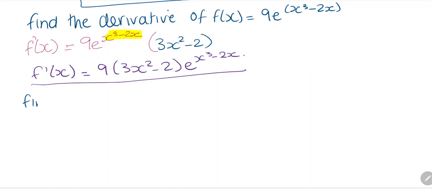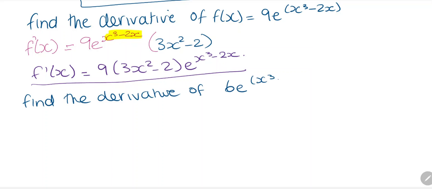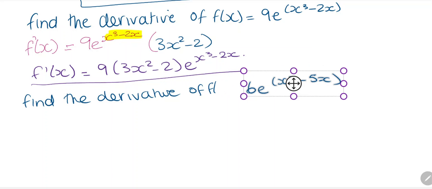So find the derivative of the function 6e to the x cubed minus 5x. So f of x is equal to.